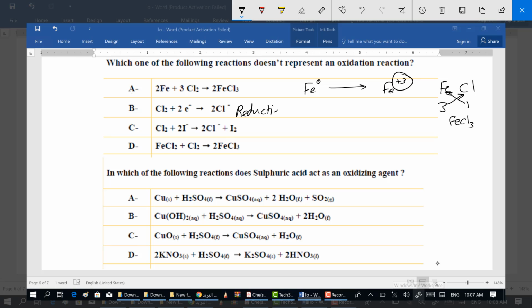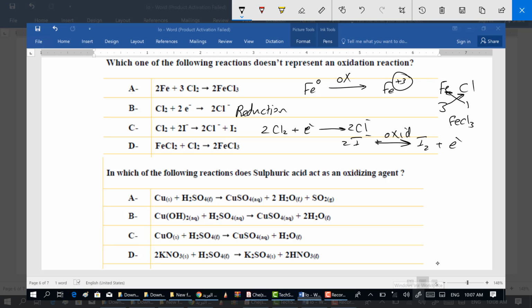In this case, it's oxidation, and else in this case, Cl2 will change by gaining electrons, it changes into Cl negative, and I is losing electrons, so it's oxidized, since it loses electrons, oxidation.